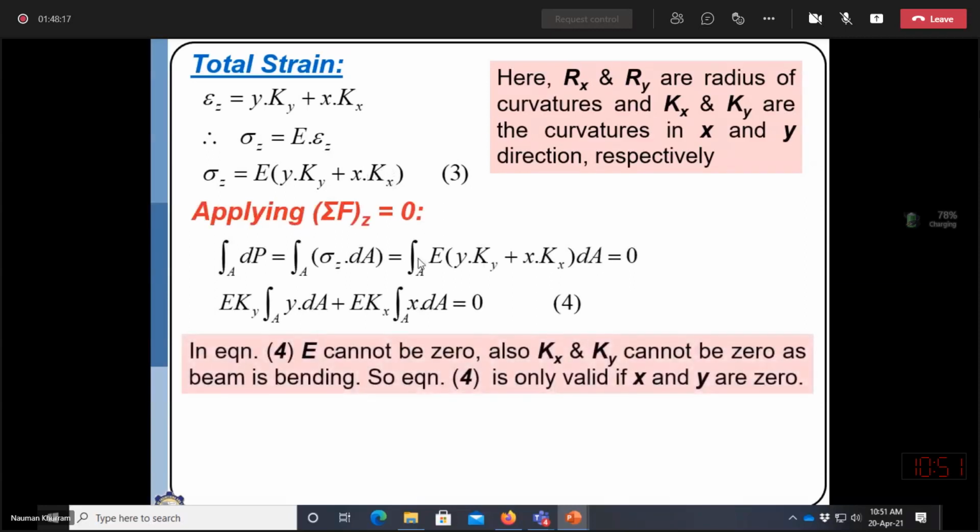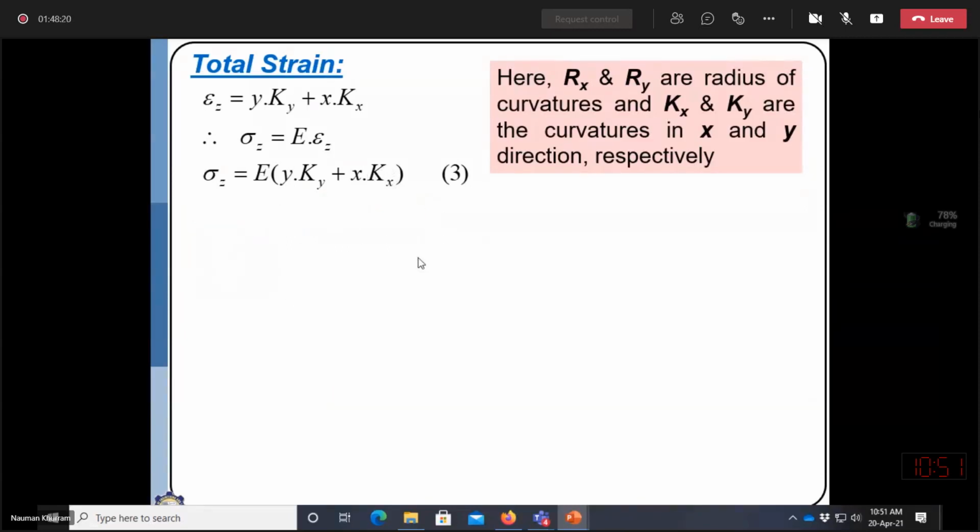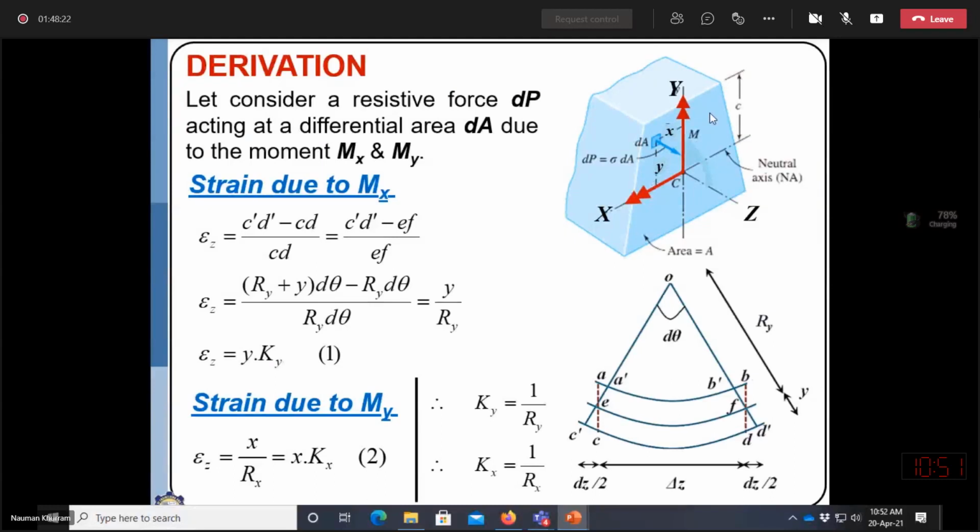Okay, the next derivation is quite simple. We have already discussed it. If we want to take the summation of load in the z direction, we consider a differential area dA, and the force acting on this differential area, which may be tensile or compressive by nature, is called dP. So dP is the total force acting on this small area.